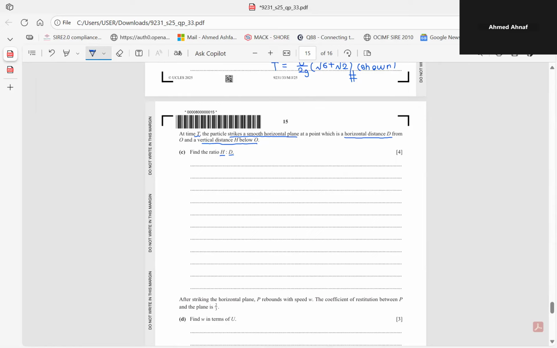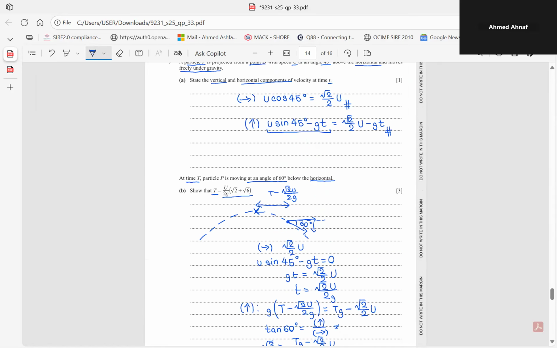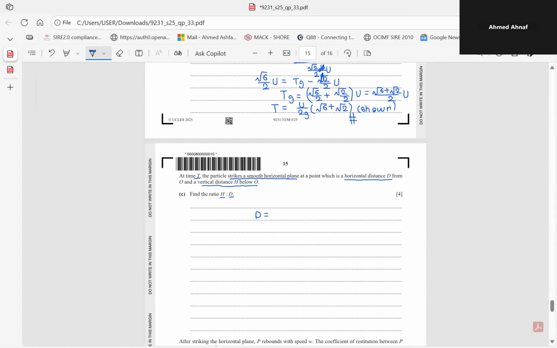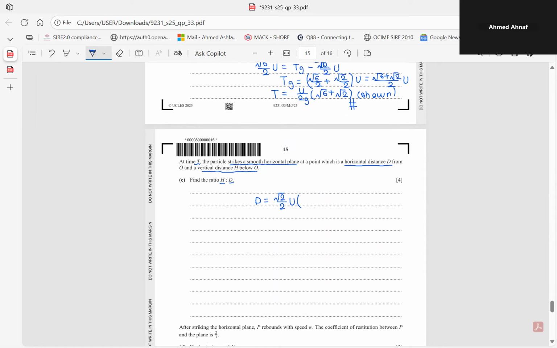Okay, so let's start with the easier one, which is to find d. So d is the horizontal distance, which you take by multiplying the horizontal component, which is square root 2 over 2u, times big T, which is u over 2g times square root 6 plus square root 2.